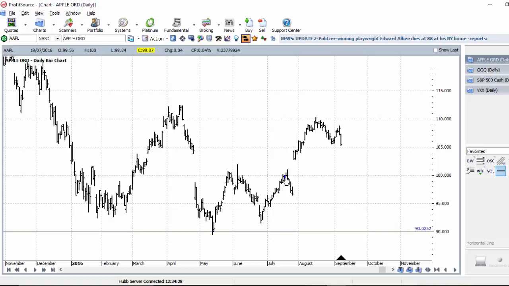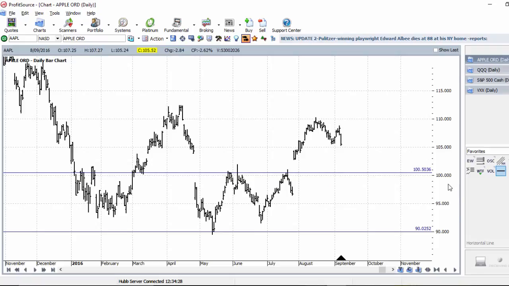You can see then it continued up towards that level of resistance again and found a bit of weakness and started to come back down again. So we can clearly also say that this level here is a level of resistance for Apple as well. And as I said before, this level 100 is many times a very common psychological level of resistance anyway.